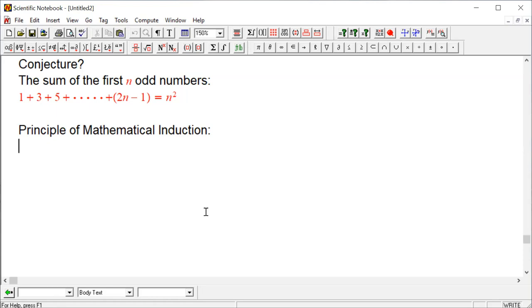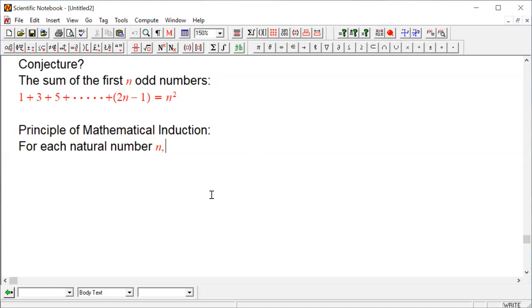So this procedure is for each natural number n. What are natural numbers? Do we know what natural numbers are? Natural numbers are 1, 2, 3, 4, the counting numbers. It does not include 0, unless otherwise specified.